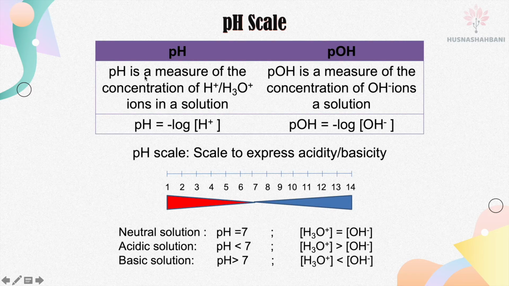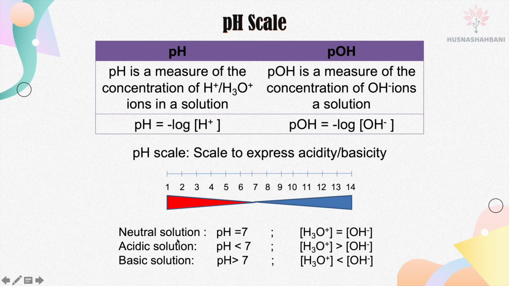pH is a measure of the concentration of H+ or H3O+ ions in a solution. This is the equation to calculate pH: pH equals negative log of the concentration of H+. pOH is a measure of the concentration of OH- ions in a solution, so pOH equals negative log of the concentration of OH-.